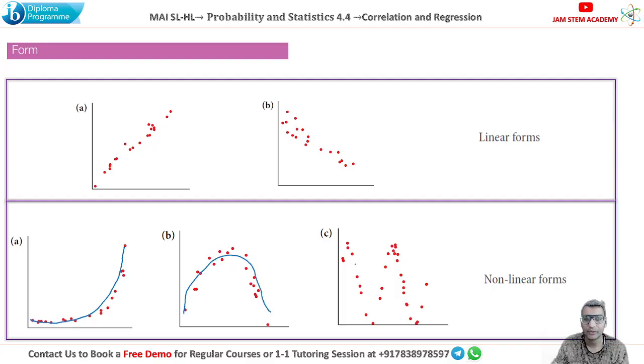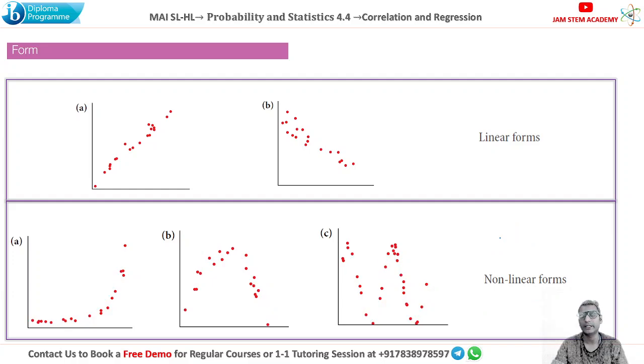These are not linear, so we call them non-linear forms, and in the HL part we will discuss these in detail. Depending on the scatter diagram, you can identify whether it looks linear or not.